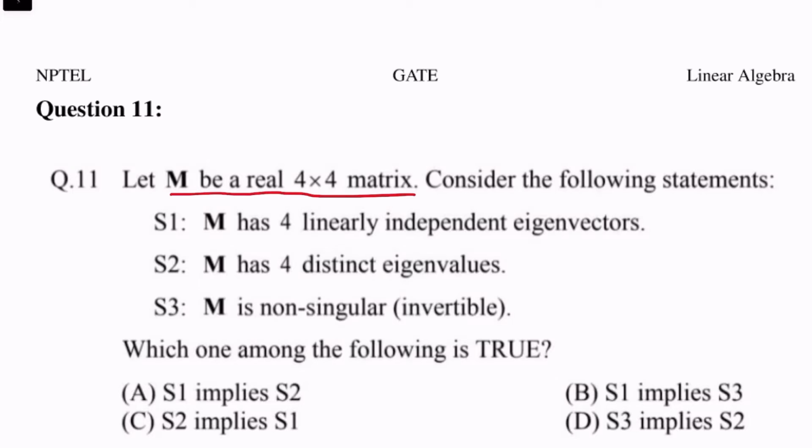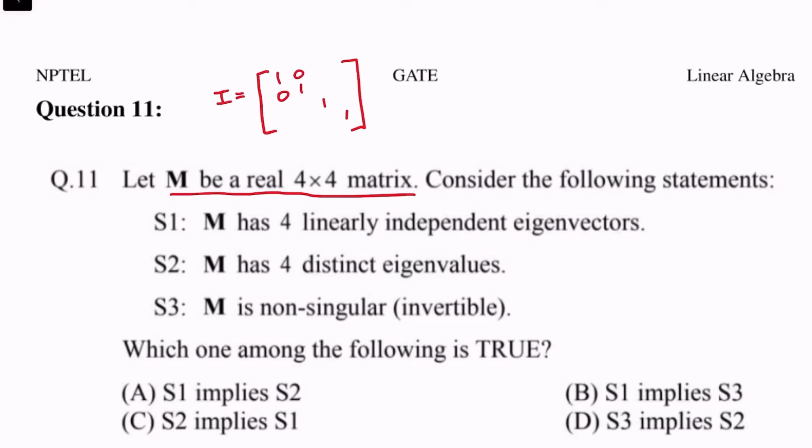For example, the matrix I. So we are investigating whether S1 implies S2 or not. Let's say that we take the matrix I, which is just 4 ones on the diagonal.